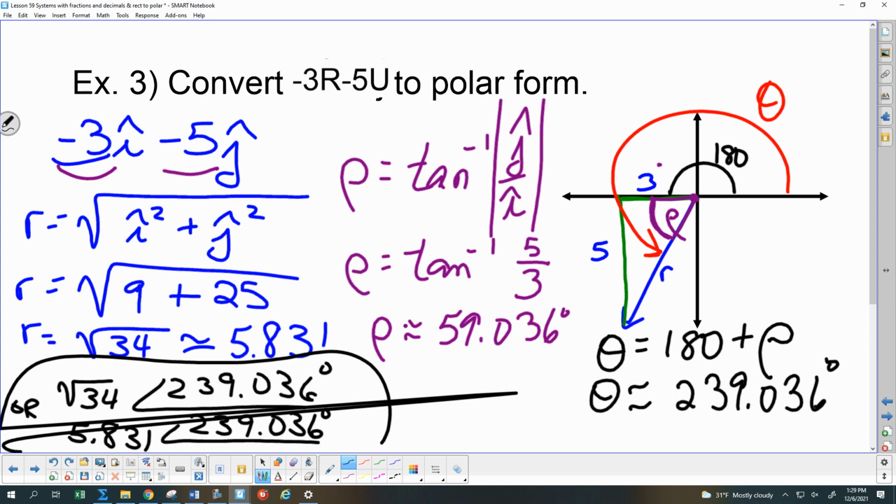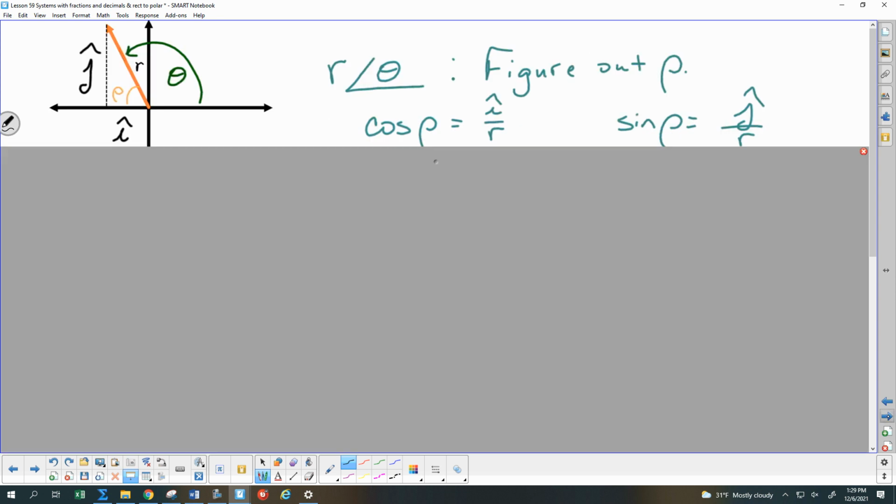Right, the final thing we're going to add to the formula list are shortcut formulas going the first way, when we start off with polar and we want rectangular. So, if we have a general picture like this, these are the ones we've been doing for a number of days now. We know polar to rectangular, so we know r and theta. So we figure out rho from the geometry.